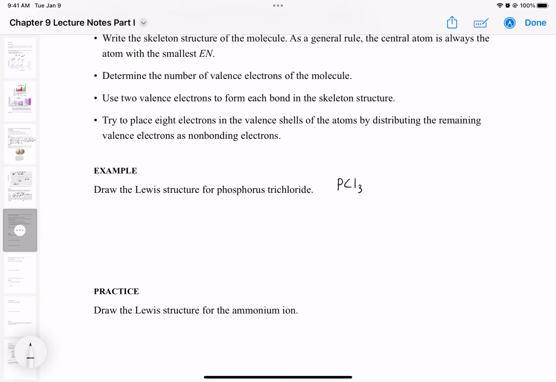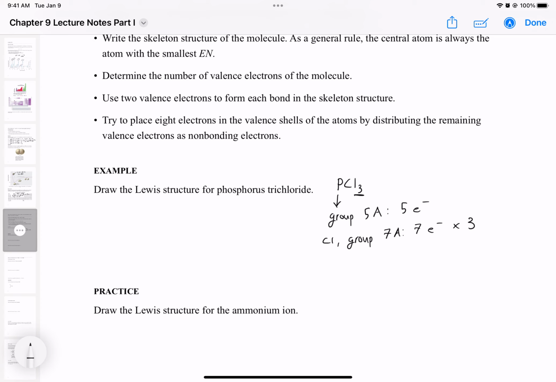Okay. So looking back at our periodic table, phosphorus has 5 valence electrons. So we're going to say it's group 5A. So 5 electrons in its valence shell. And chlorine in our case is group 7A. So 7 electrons in its valence shell, but we have 3 chlorine atoms in our formula, so we have to multiply it by the 3 here.